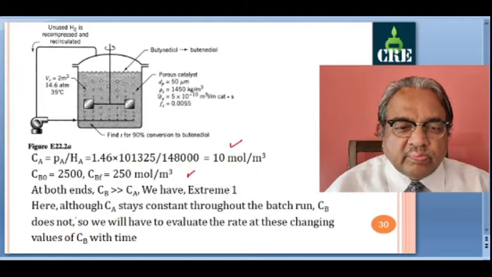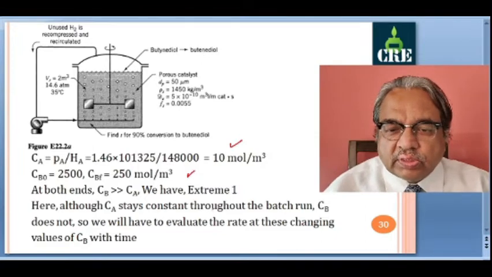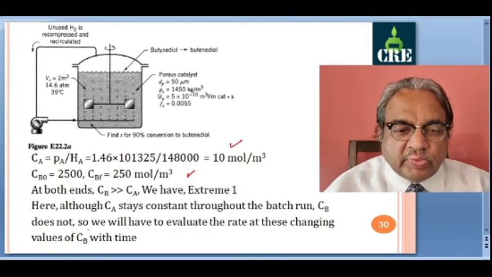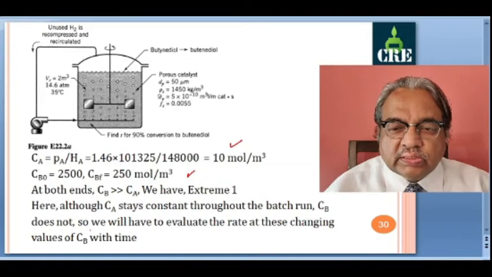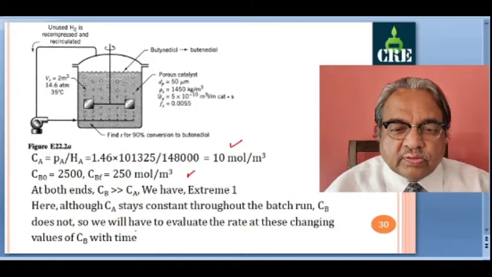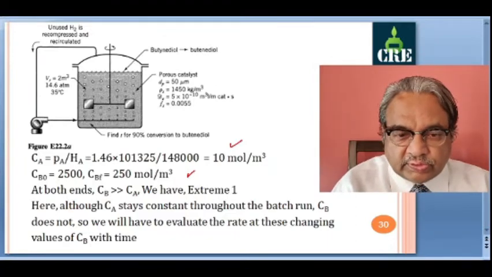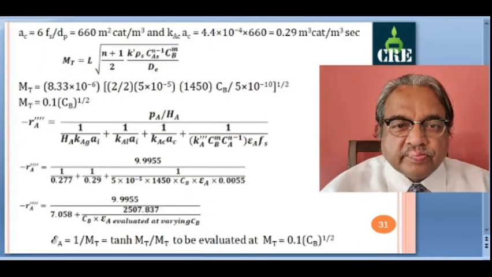So you have the extreme case 1. Now here Ca stays constant throughout the batch run. Cb does not, as it is changing slowly with time. But still this Cb much greater than Ca condition is maintained. So here we will have to evaluate the rate of change of Cb with respect to time.